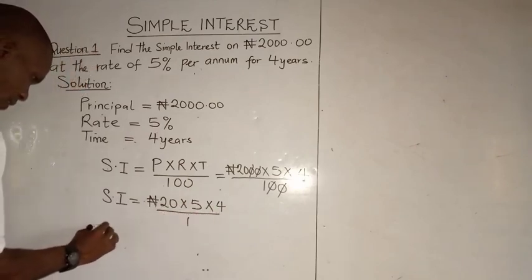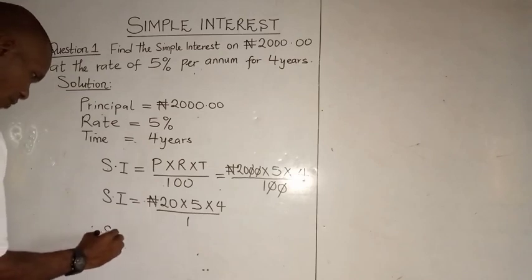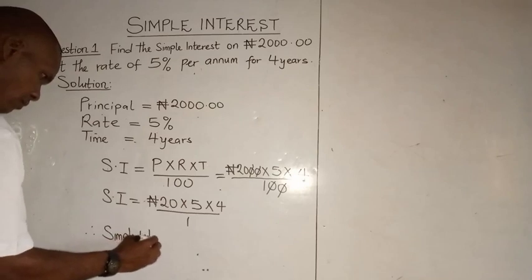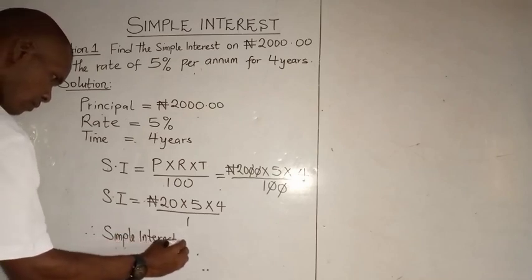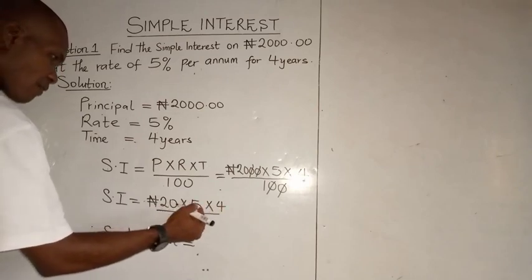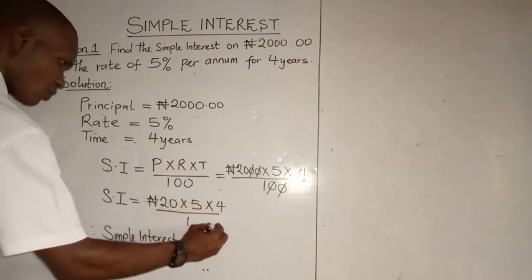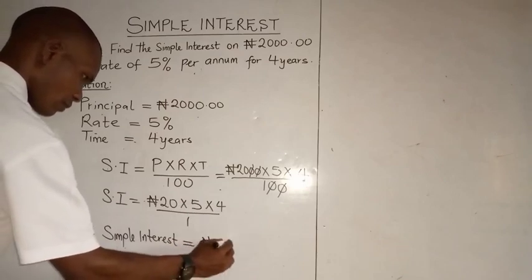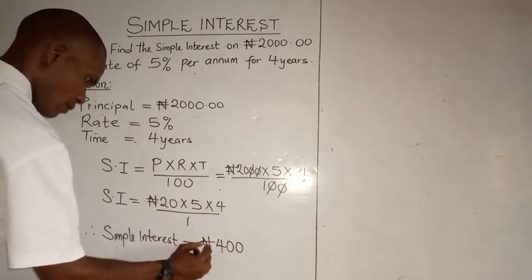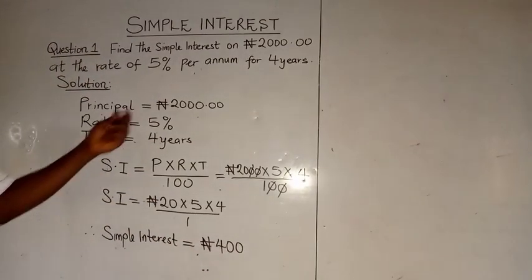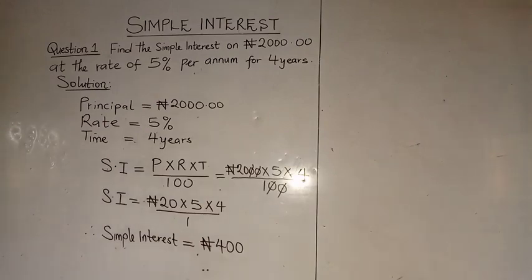It then means that our simple interest is equal to 20 multiplied by 20, which is 400 naira. So this is how we can calculate the simple interest.